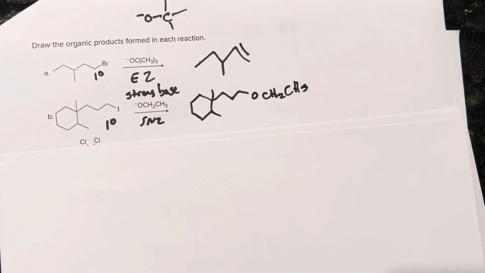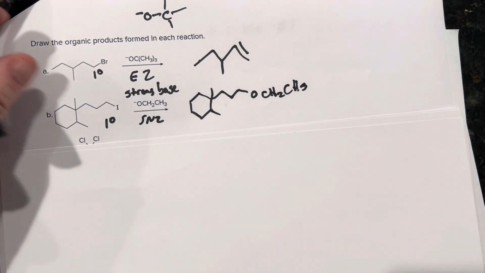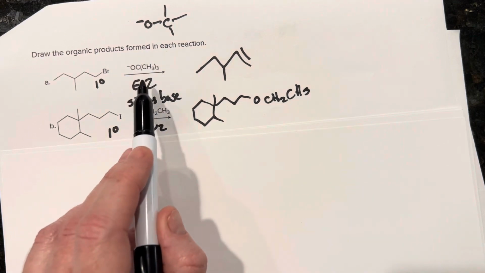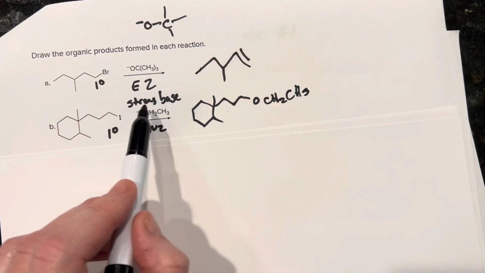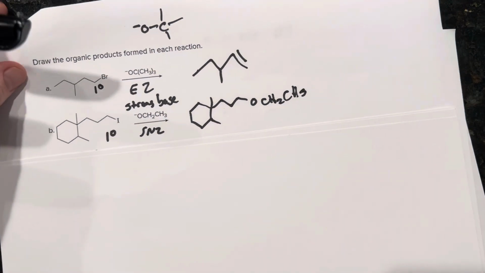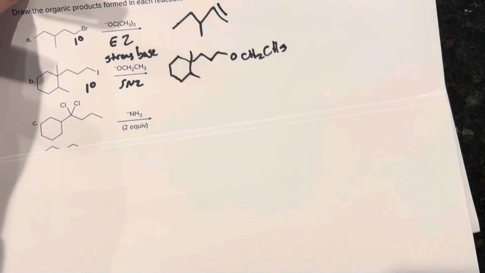I still have that methyl group down there. Cool. So again, strong base, bulky, E2. Strong base, not bulky, but primary, SN2. So hopefully that gives you an idea of how it wants to proceed.